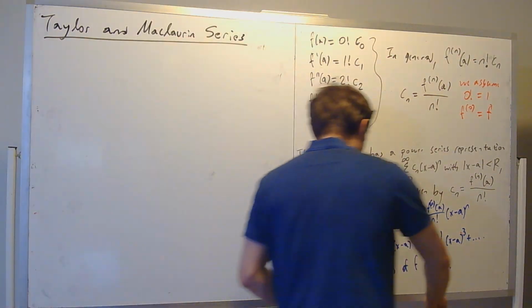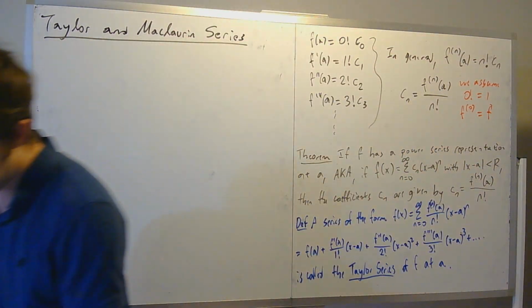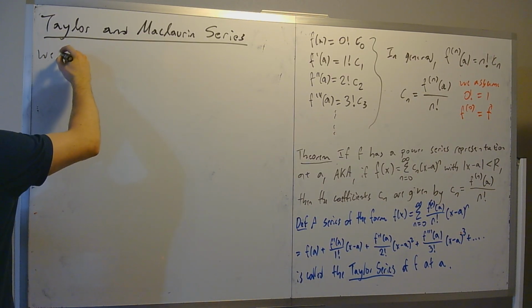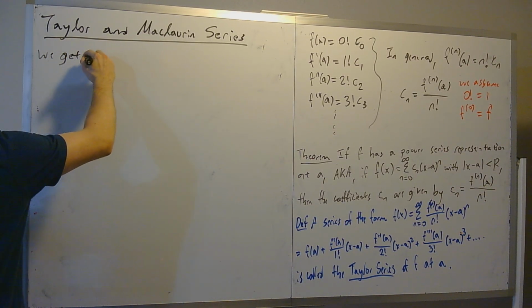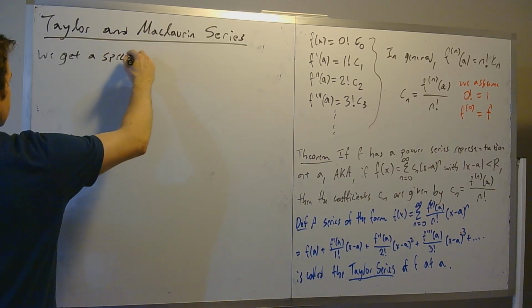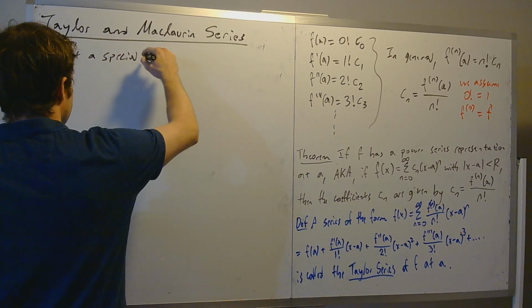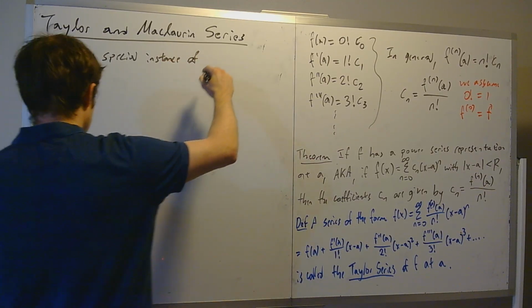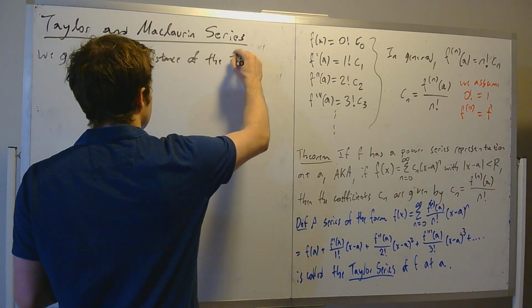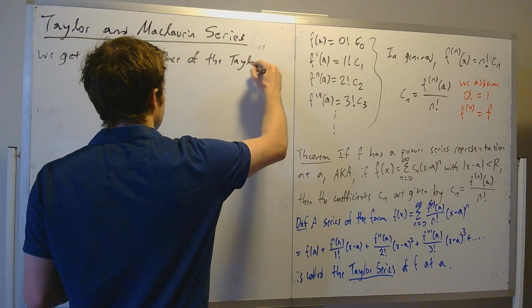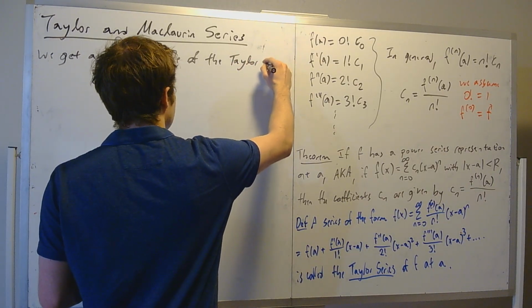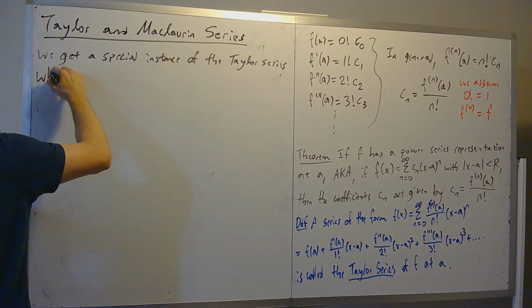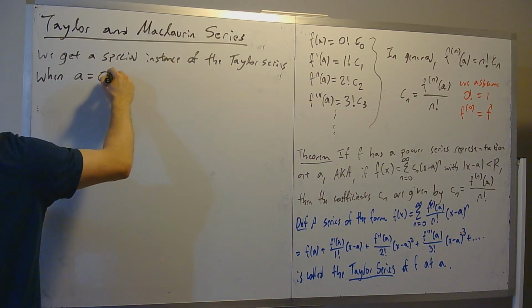Here we go. So we get a special instance of Taylor series when a equals 0.